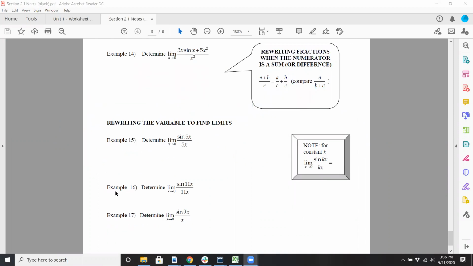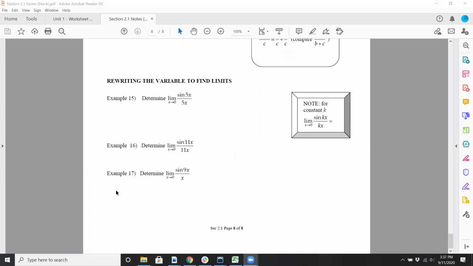And then kind of at the home stretch here, what if I have something like this here? Something that looks a little funky, sine 5x over 5x. Well, you could do a little kind of trickery. Let a equal 5x. If you do that, you have the limit as x approaches 0 of sine a over a.